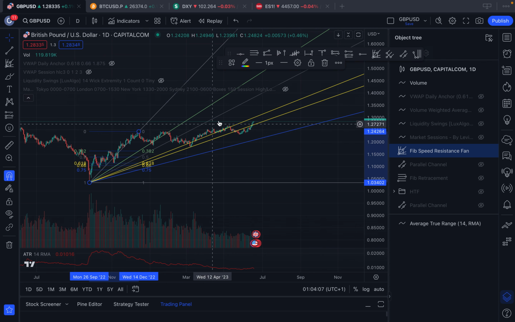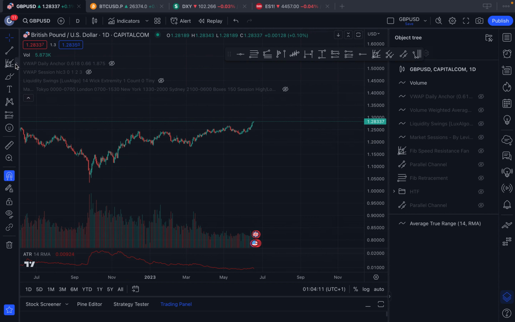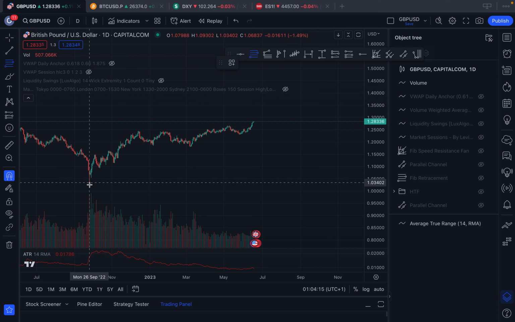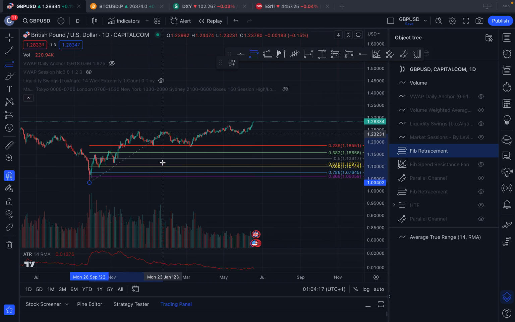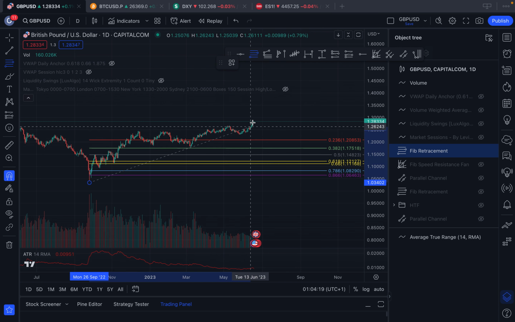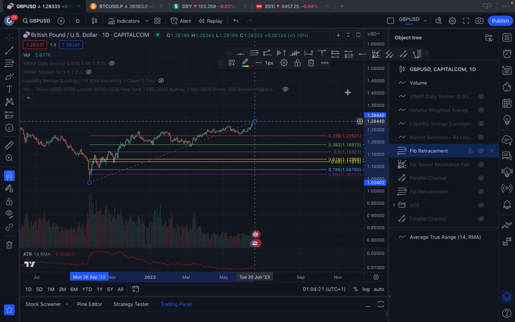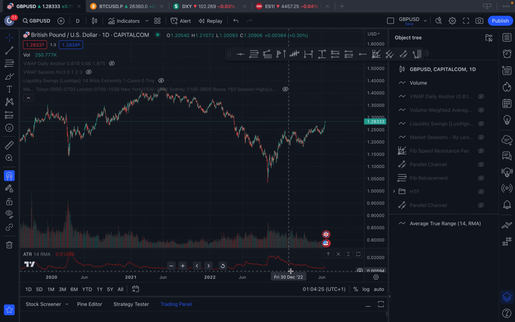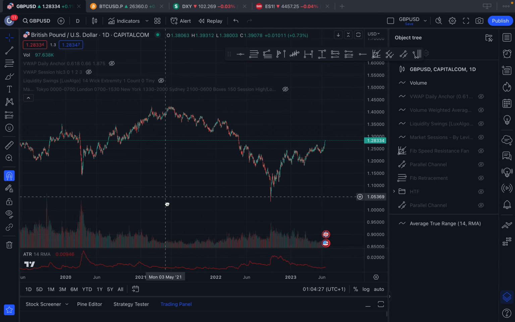Okay. And let's go for our classic Fibonacci retracement. So from the recent bottom, well, we can't go from here because there's not much, because we are at the highest. So we'll have to go the other way around, which is our most recent high.